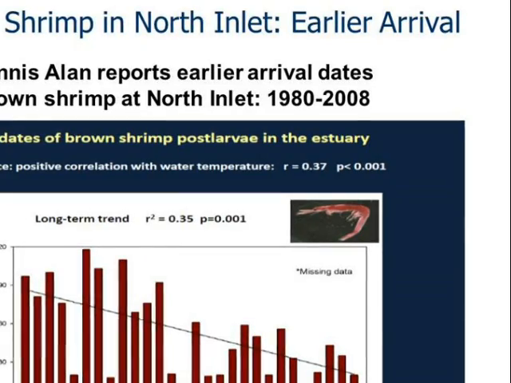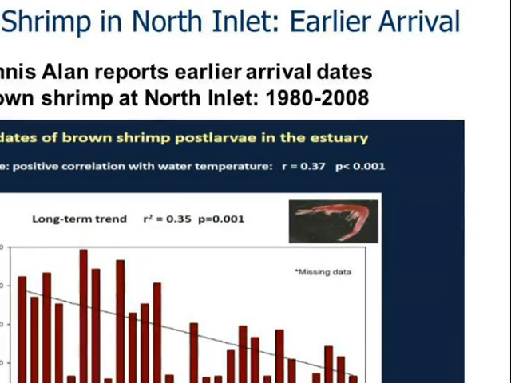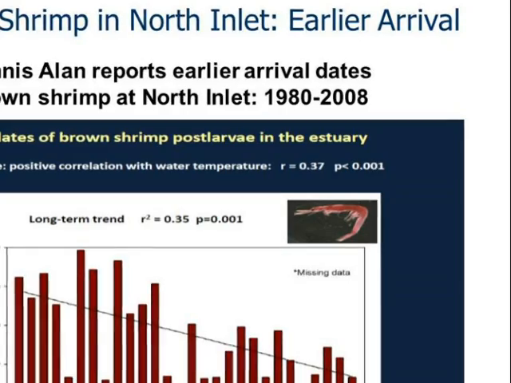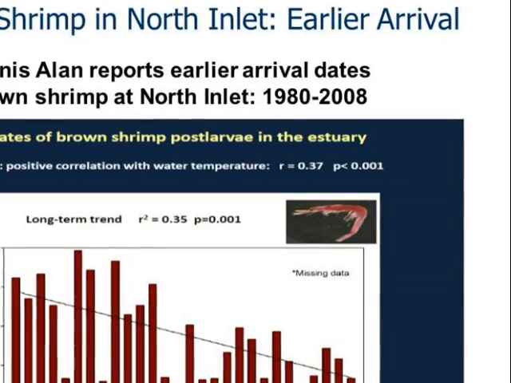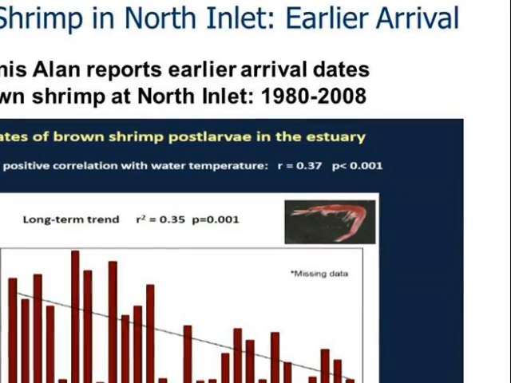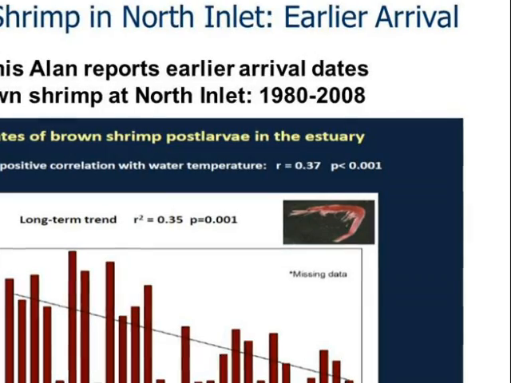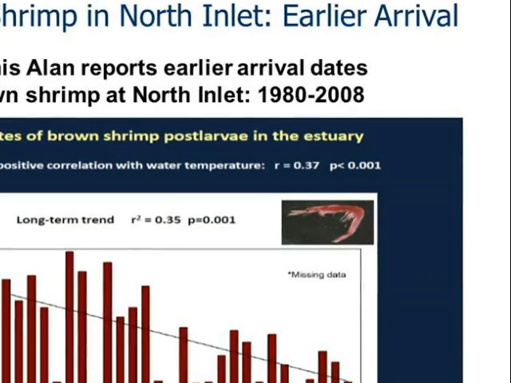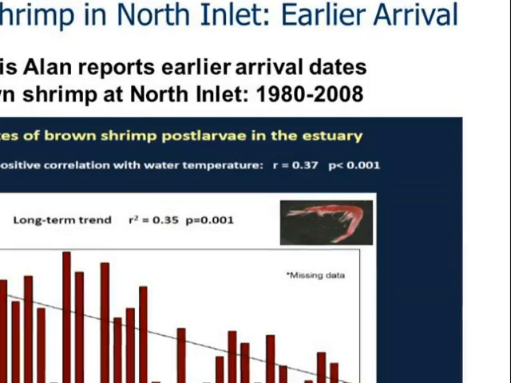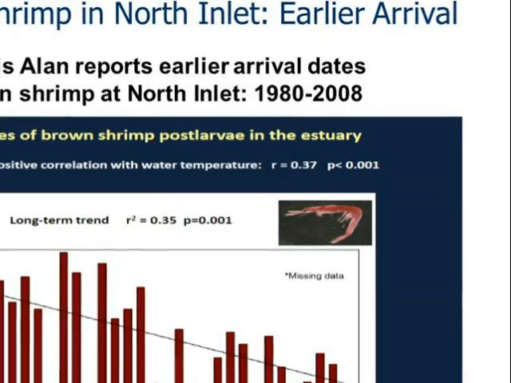And this slide clearly shows it's not just the Vibrios that we see, it's the vectors that help in the disease process with the Vibrios. So yes, climate change is here, and we're seeing it in health statistics and in the ecology of our systems.